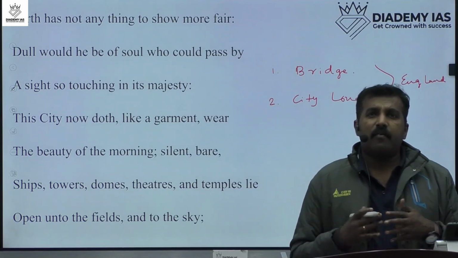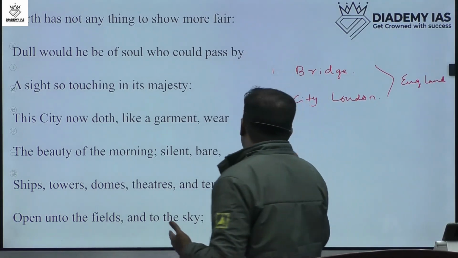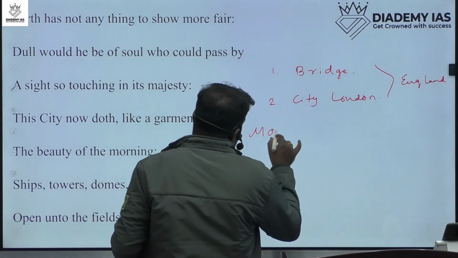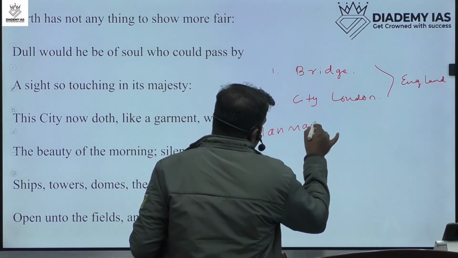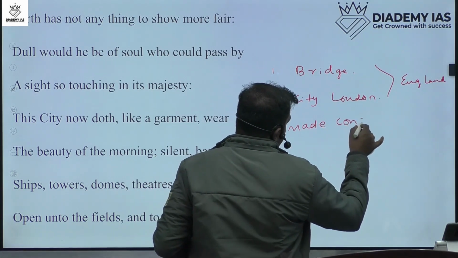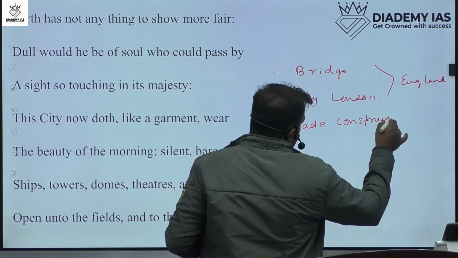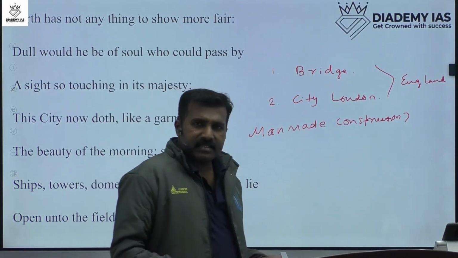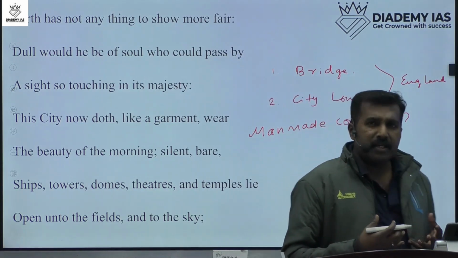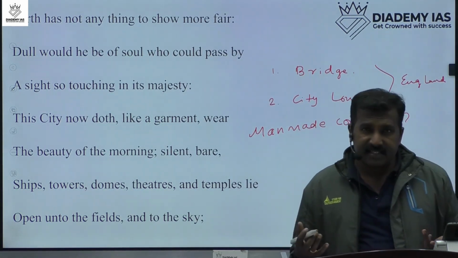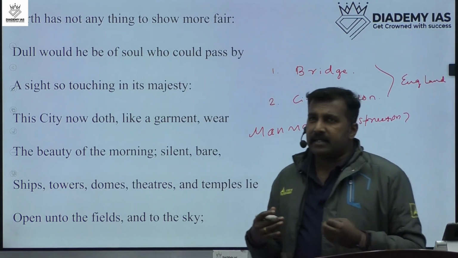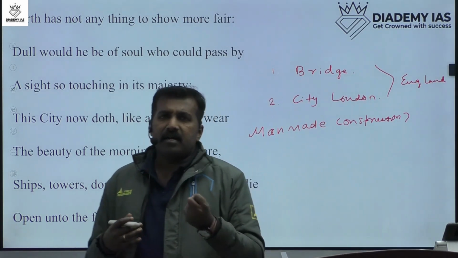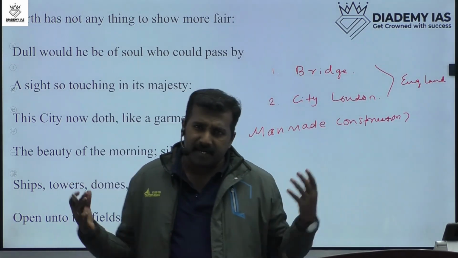constructions. What is man-made construction? Man-made construction means buildings, domes, churches, ships, etc., and a lot of bridges.